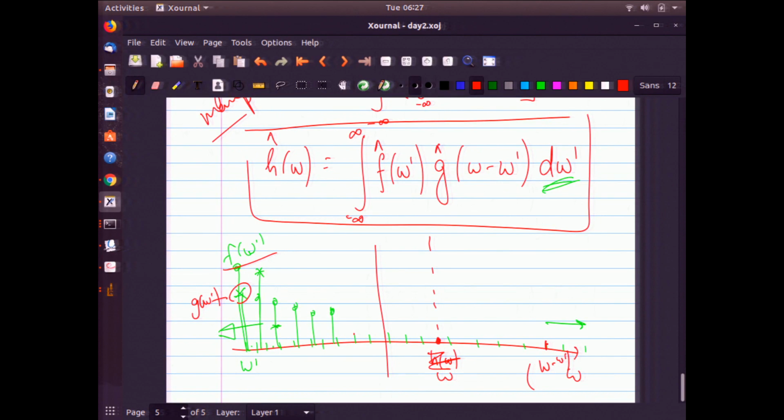It asks you to look at g there, then multiply these two values, right? Keep it somewhere. Now you take the next omega prime, multiply those two values, and keep adding all of that, right? It's an integral there. And when you integrate that, at the end, you will get some value here. That is h of omega.